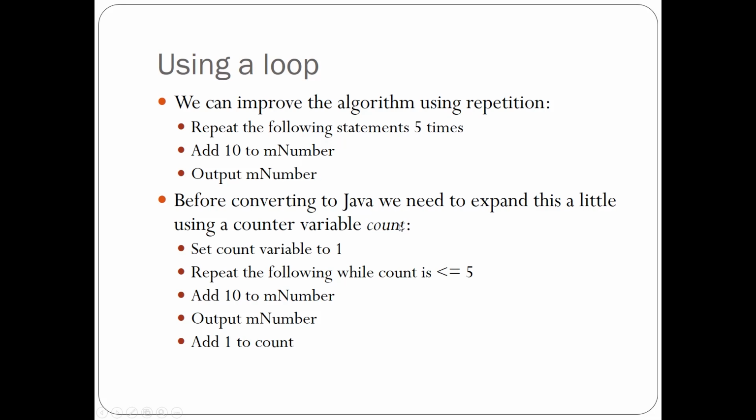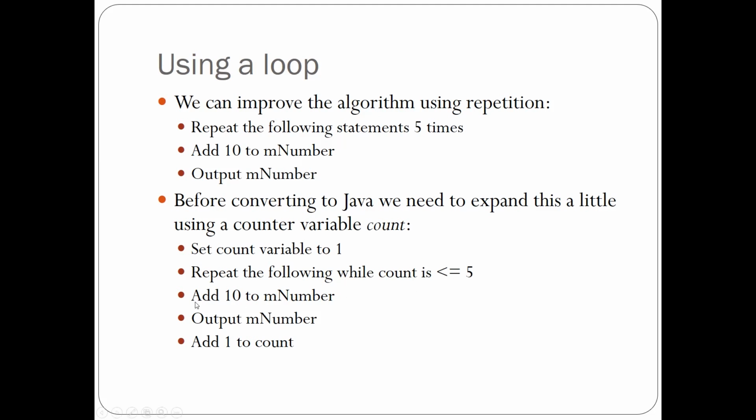So if we have the variable and call it count, we can use that to initially start it at 1, so that's the first time we go through the loop, and we want to keep going as long as that value of count is less than or equal to 5. So 1, 2, 3, 4 and 5, and that's our 5 iterations through the loop.